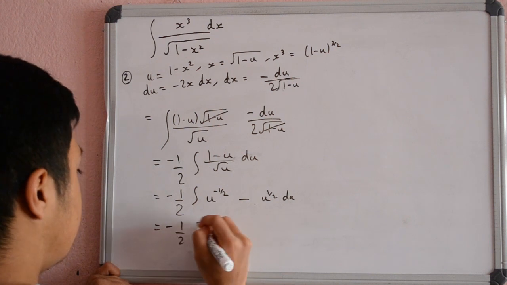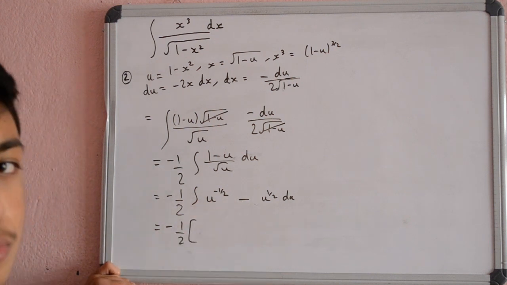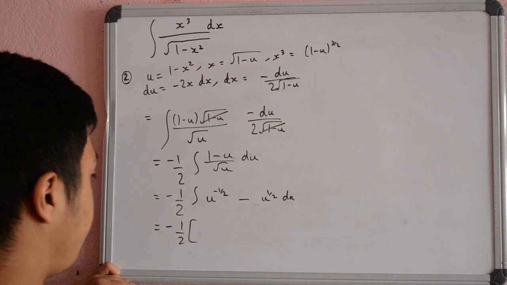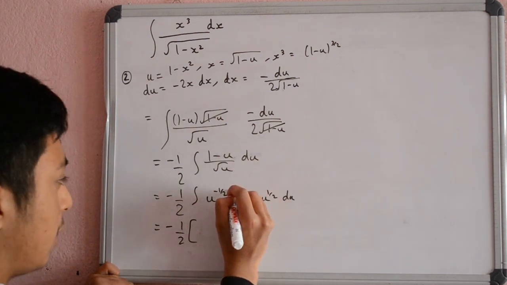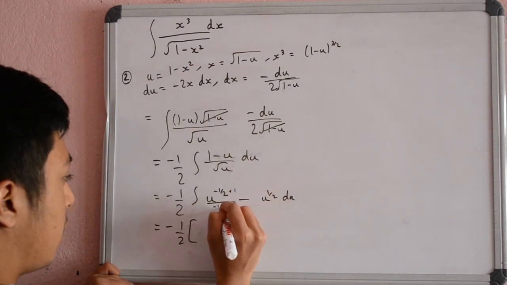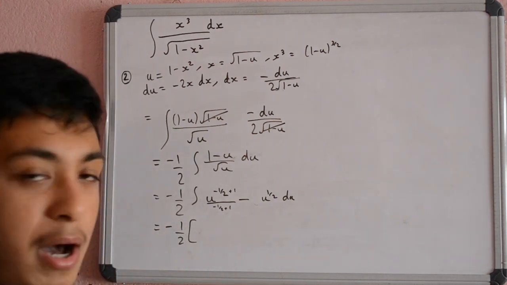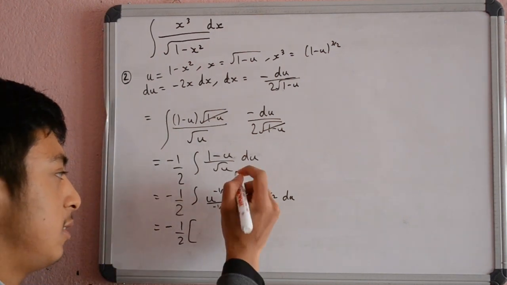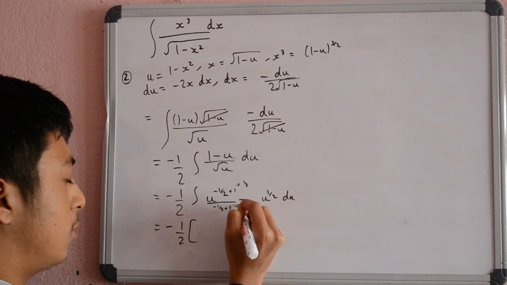So simply this is u to the power minus 1 by 2, its integration. So it will be u to the power minus 1 by 2 plus 1 by minus 1 by 2 plus 1, power rule.